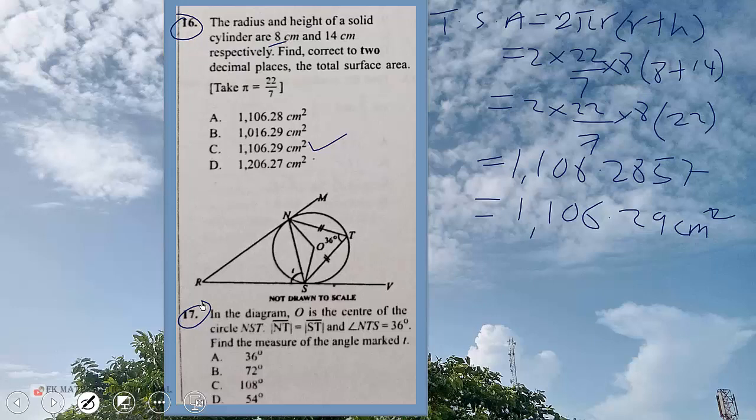Find the measure of the angle marked T. So this is the angle marked T. It is equal to this angle, which is 36. So T is equal to 36 degrees because angles in alternate segments are equal. So the correct answer is A.